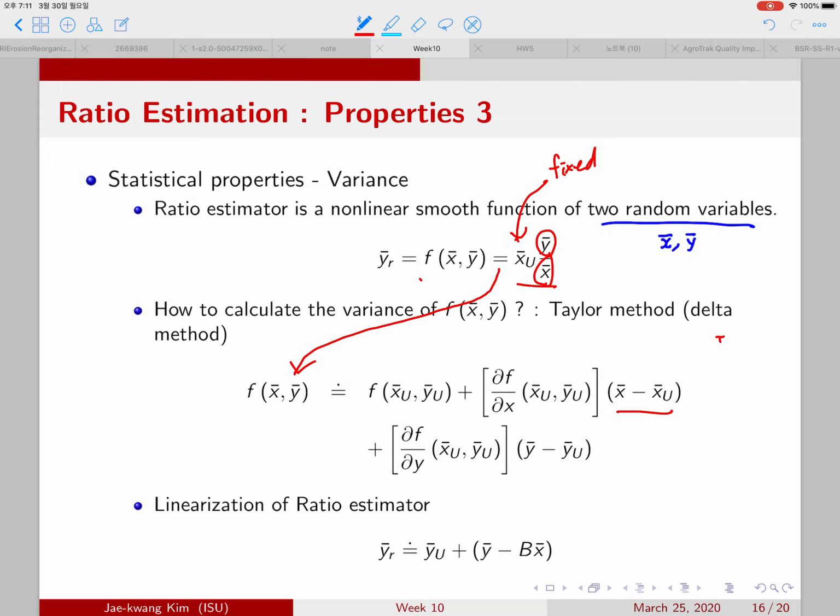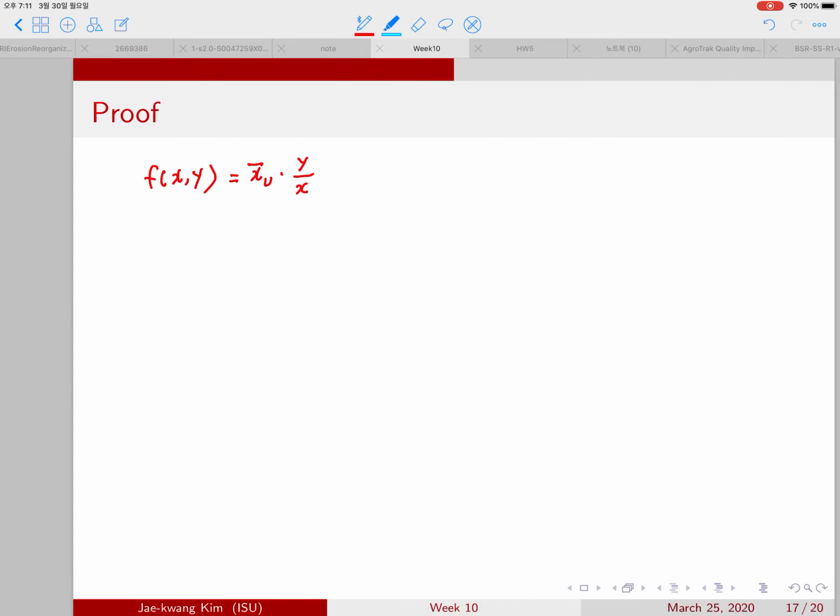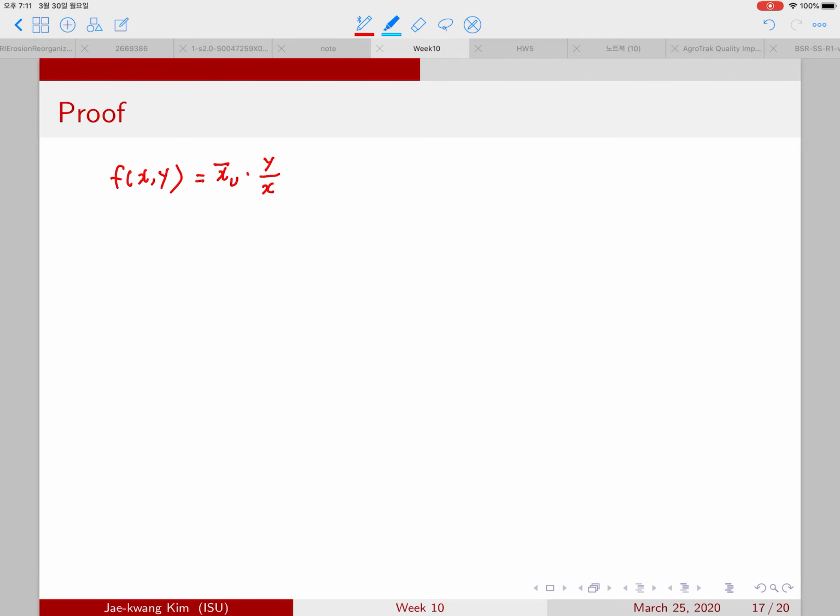From this definition, this is the definition of f. From this definition, we can write it this way. And so you can compute it. Then this one is x bar u and y bar, y and x squared, right?